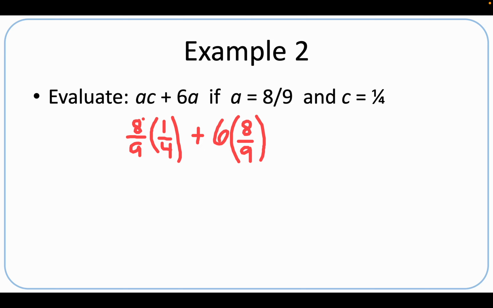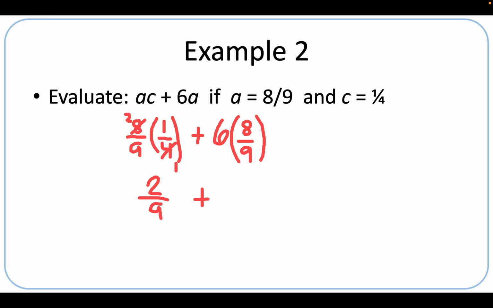Okay, so now we have our variables substituted with numbers. And I'm going to do some cancellation here before I simplify. So I can factor out a 4 from both of these, and that would make that 1, and this is 2. So I'm left with 2 times 1, which is 2, over 9 times 1.